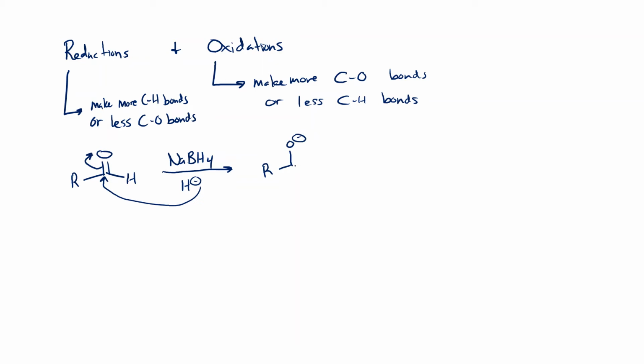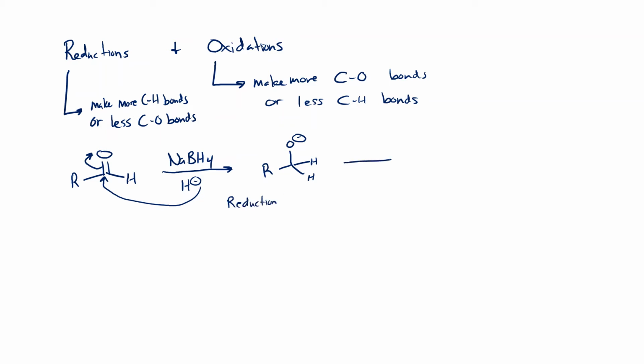And so we end up with a negative oxygen up here, and two hydrogens now attached to this carbon. So notice that we've gone from having one CH bond in the beginning to having two CH bonds in our product. We have two CO bonds in our starting material and one CO bond in our product. So this is clearly a reduction.